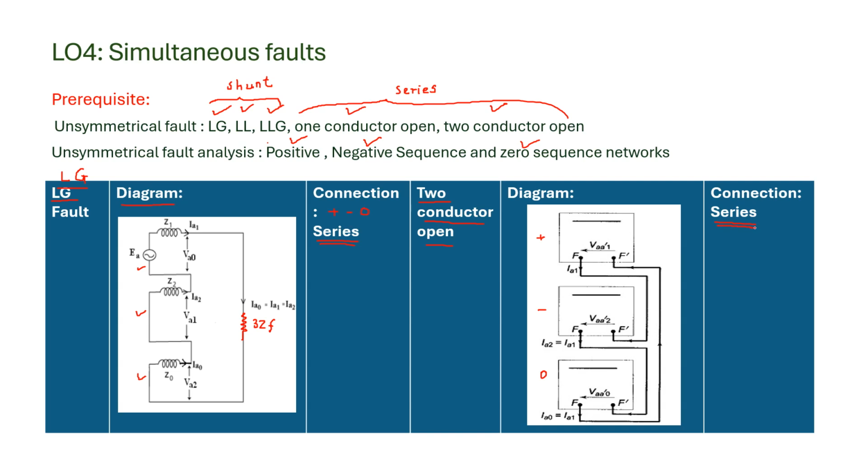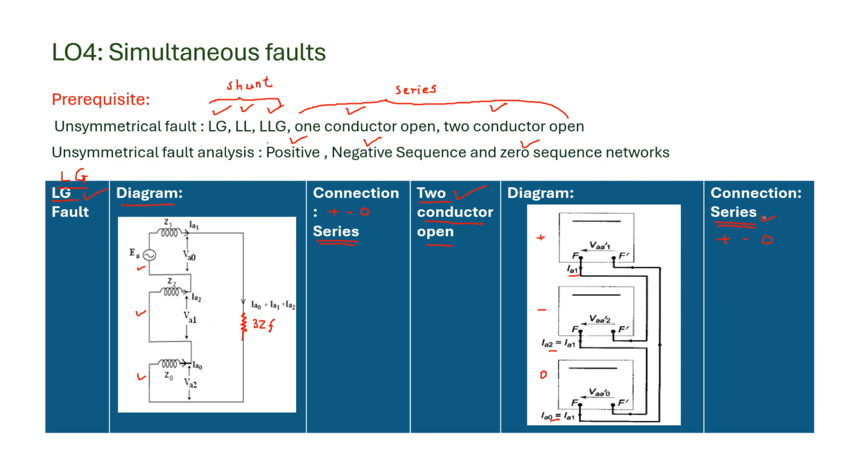Here I1, I2 and I0 are the sequence currents that flow out of the fault, and V dash 1, V dash 2, V dash 0 are the sequence components of the voltage across the fault. So you have to remember that for LG fault and two conductor open, positive, negative and zero are connected in series.